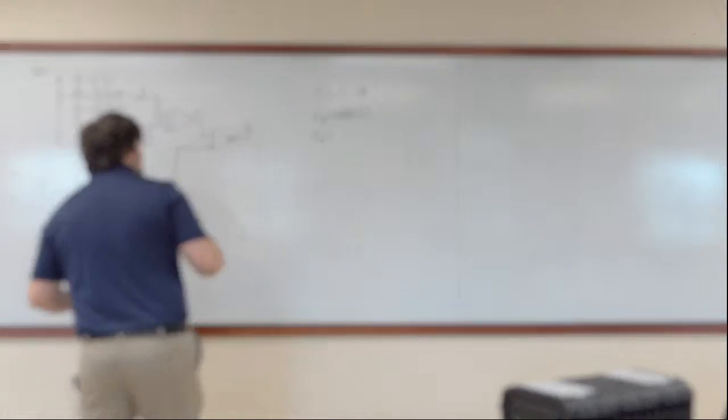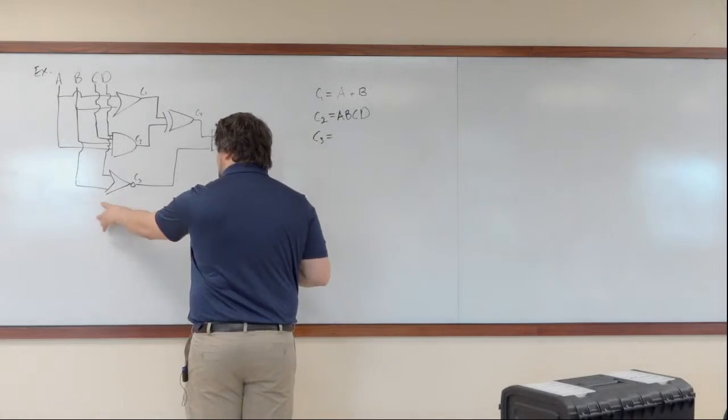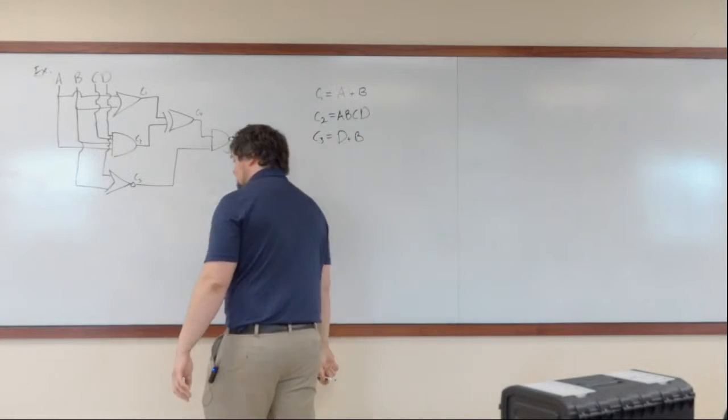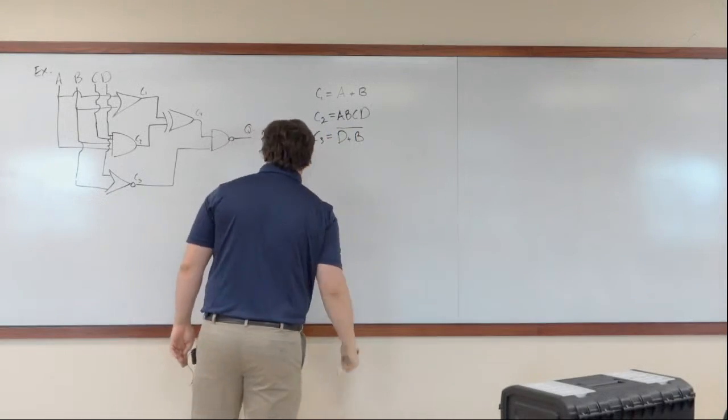Okay. So this is a NOR gate. What are the inputs to this NOR gate? D and B. So what we have is this is the regular OR gate. This is the NOR gate.